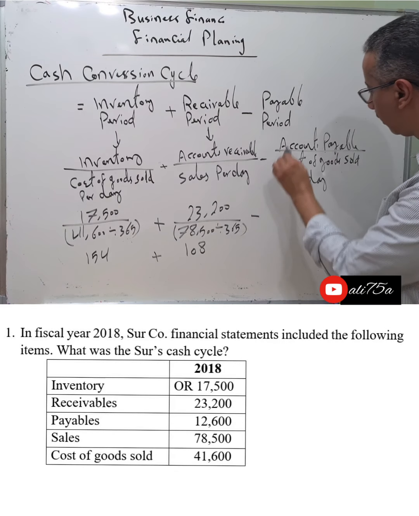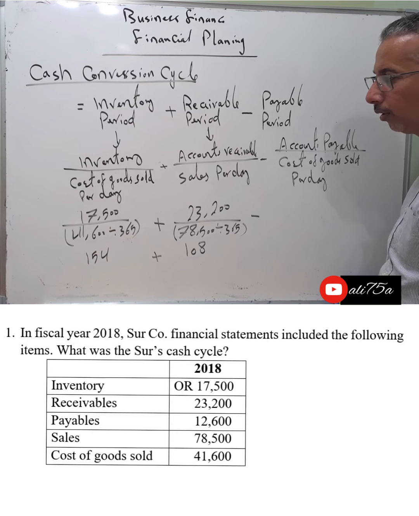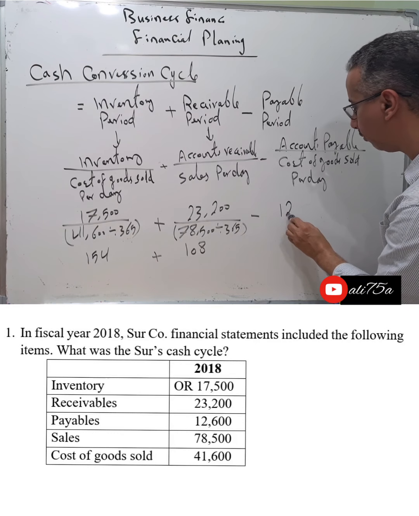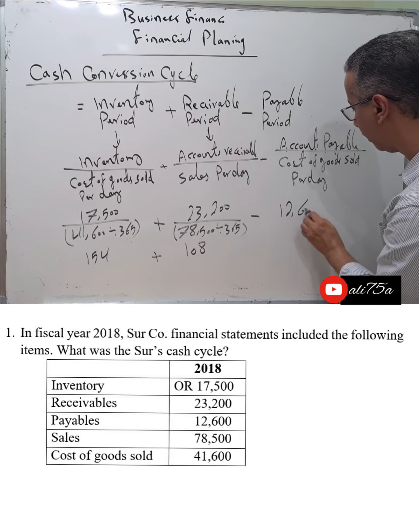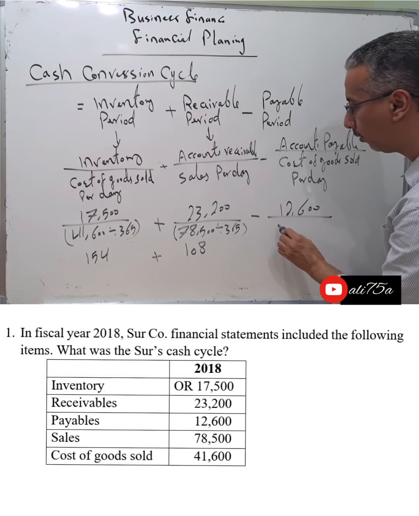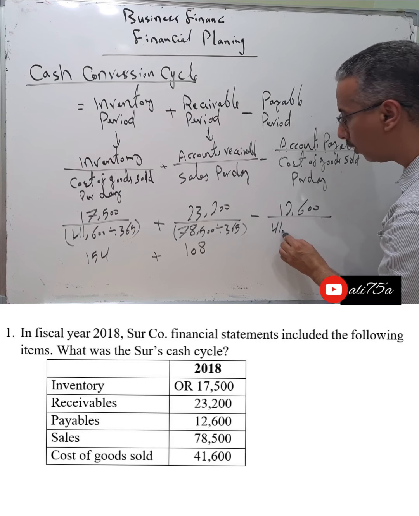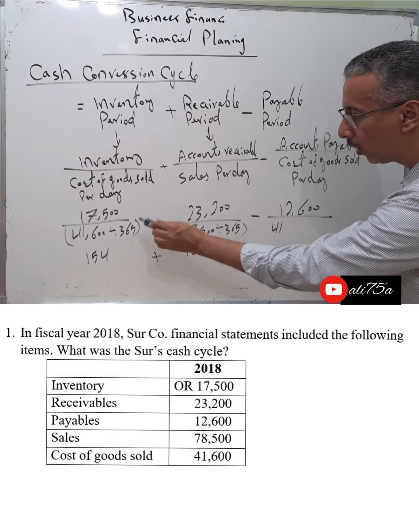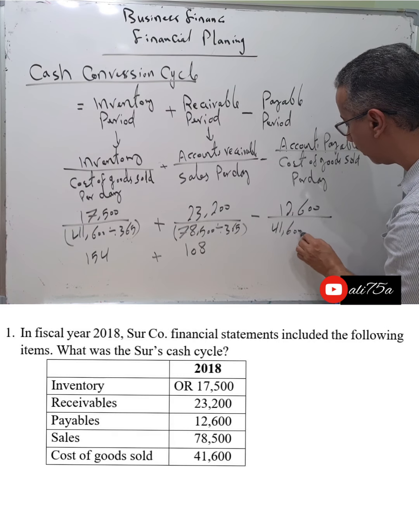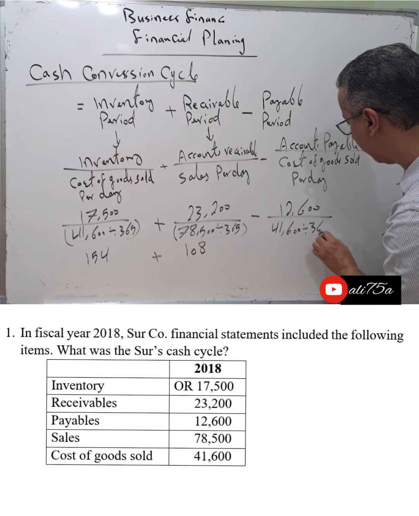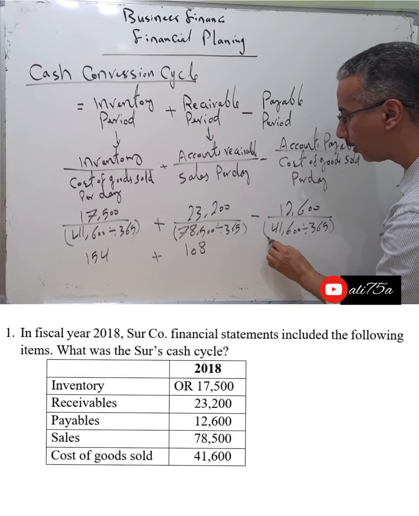Minus the account payable, 12,600, divided by the annual cost of goods sold, 41,600, divided by 365 days.